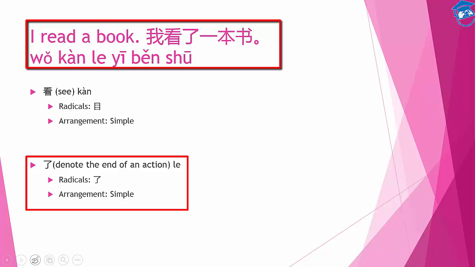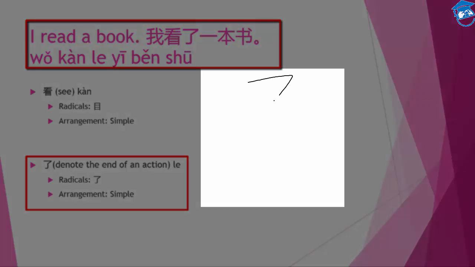Naturally, in Mandarin it is 我看了一本书. The pinyin is 了, and the radical is itself, so the arrangement is naturally simple. Here's how I write 了. 1 2. Just 2 strokes for this one.